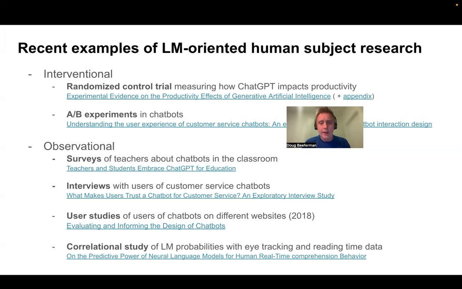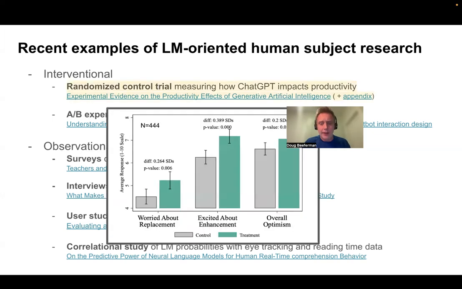But in a randomized controlled trial, I've highlighted this example from Zhang and Noy, which was about this article, which I think was on the reading list, about evidence for productivity effects of generative AI.